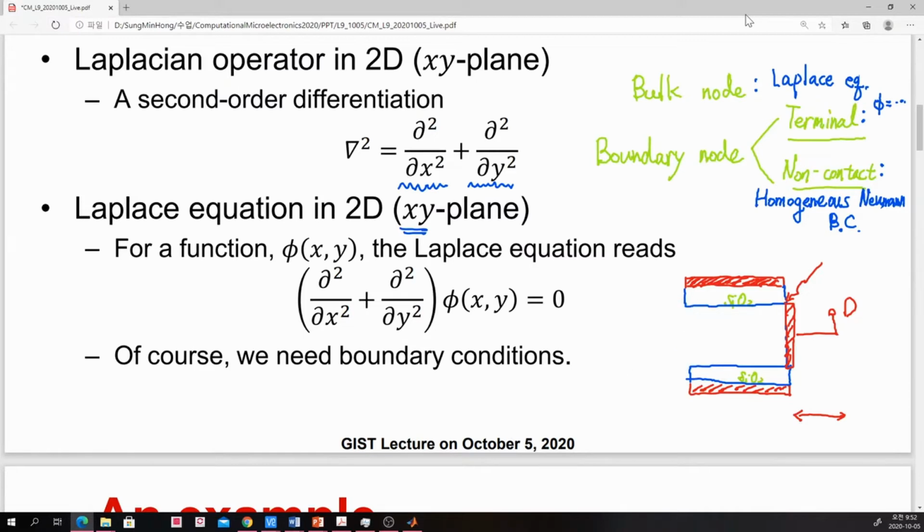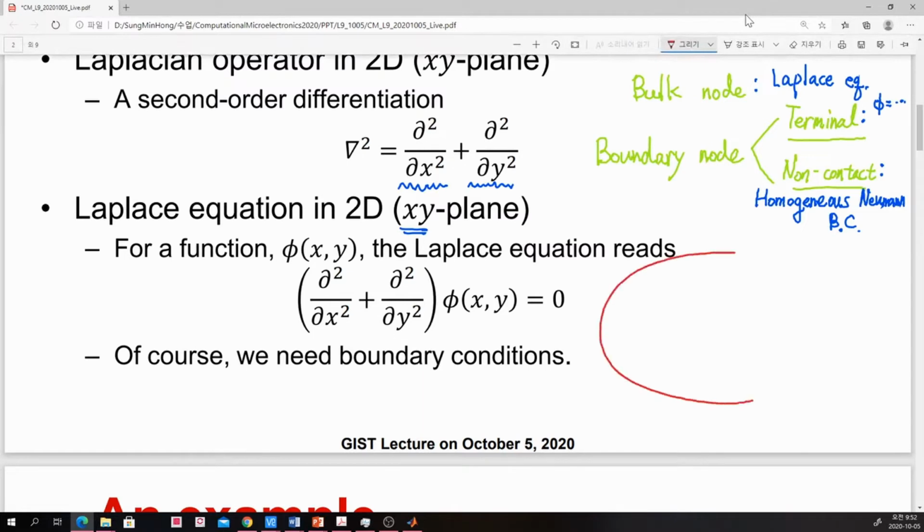You have a certain region of interest, where interesting means that high electric field and strong current density occur in a certain part, and you have a certain surrounding part.